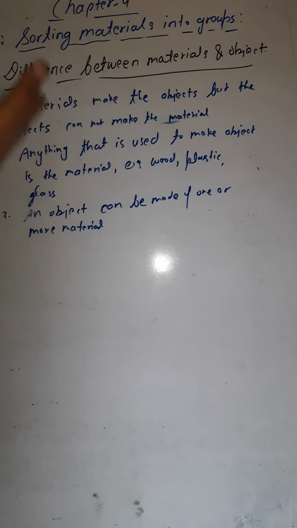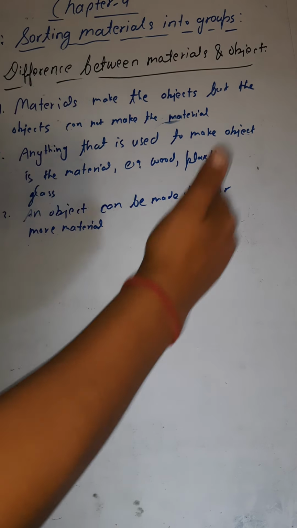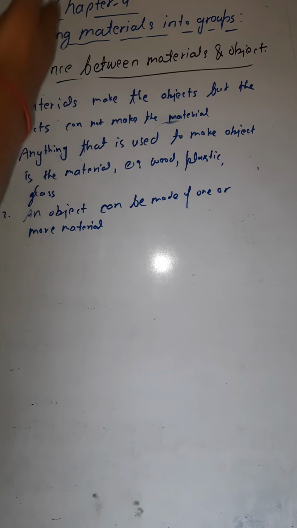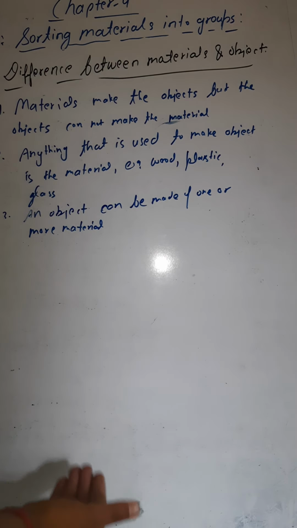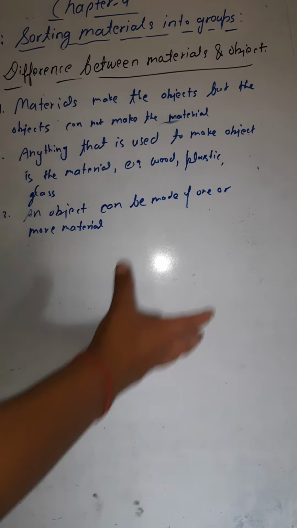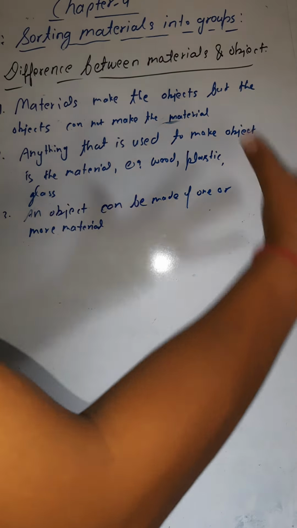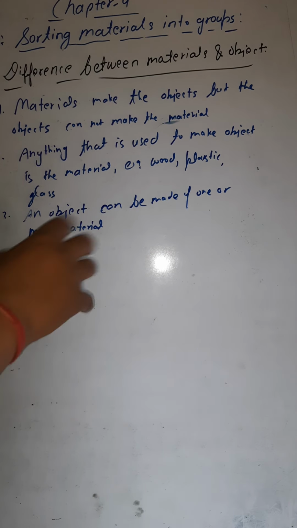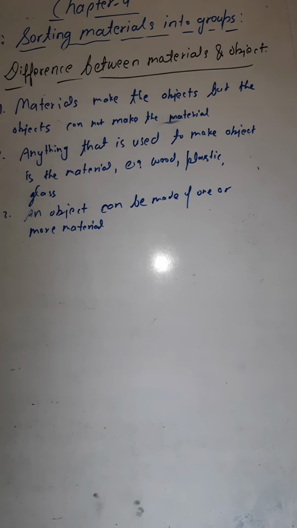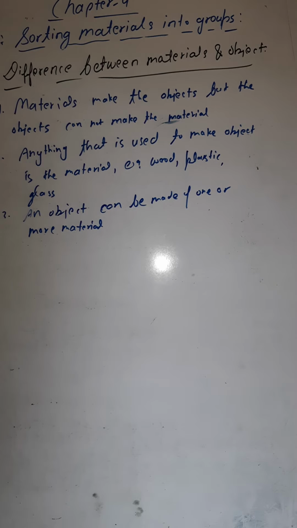By knowing the properties of the material, we can sort out the different materials into different groups. Now we are going to study the properties of the material. These properties would help you to differentiate the different materials and the objects which are being made out of those materials.